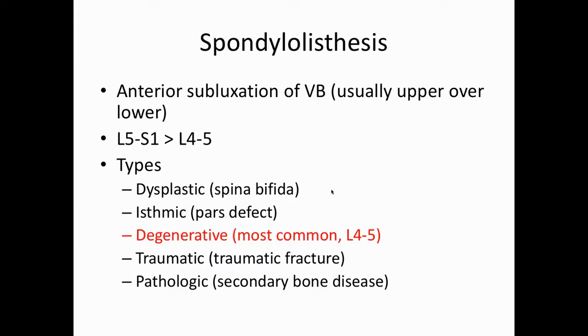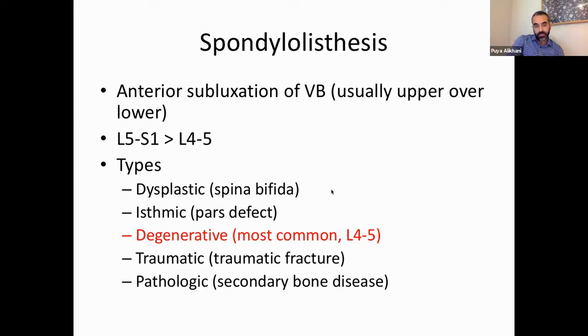So a little bit of background on spondylolisthesis. It's an anterior subluxation of a vertebral body, usually the upper over the lower level. Mostly it happens at L5-S1 because of the shear forces that exist and sacral slope. The second most common level is L4-5. There are many different types of them.